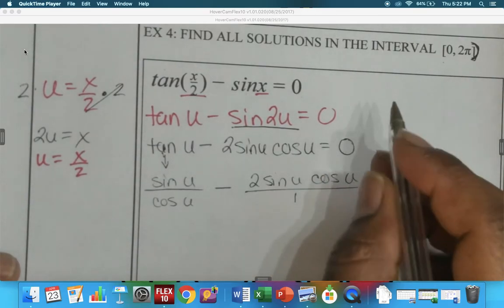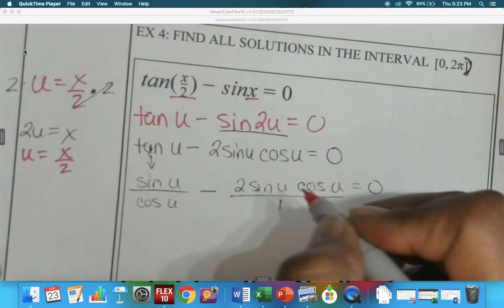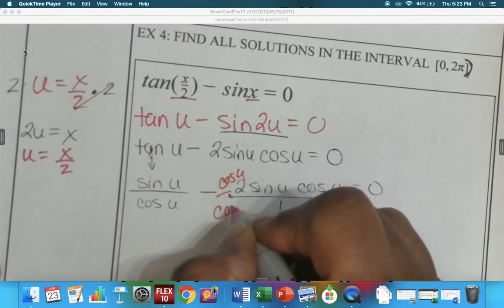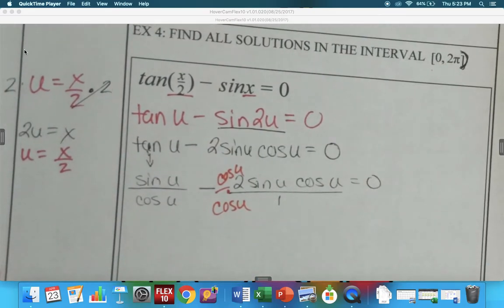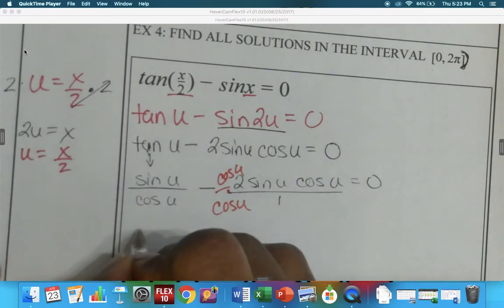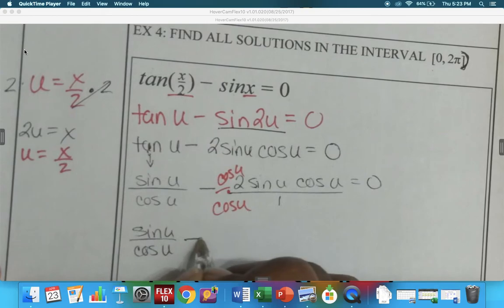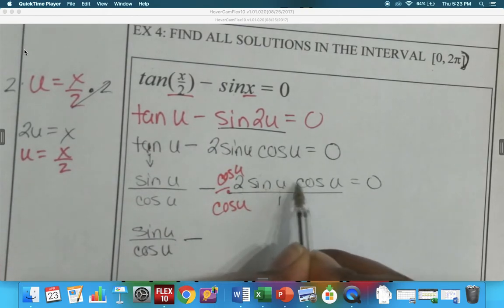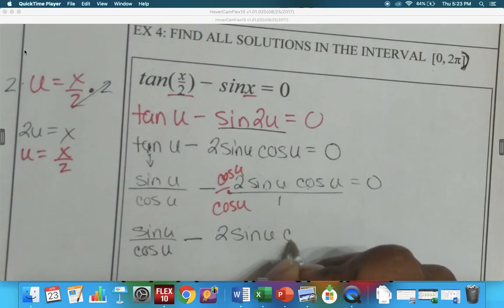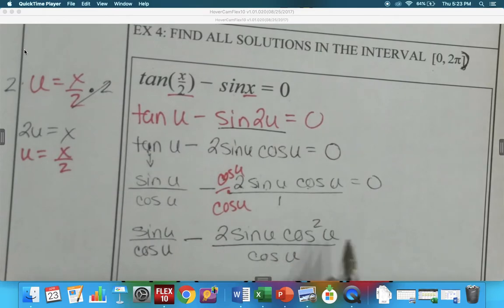So I'm going to multiply it by cos over cos so that I get a common denominator. I multiply the numerator by cos u, denominator by cos u, so that I can put this all as one fraction. The first piece didn't change. It's still sine u over cos u. And then minus 2 sine u cos u times cos u again is going to be 2 sine u cos squared u all over cos u.